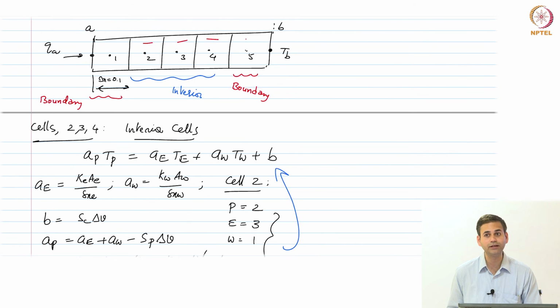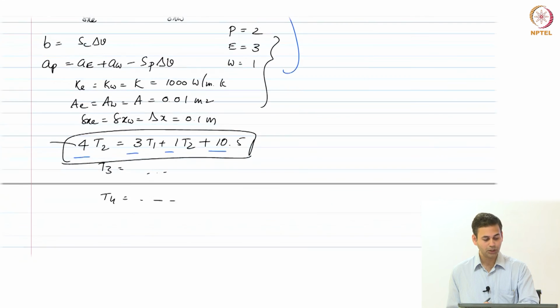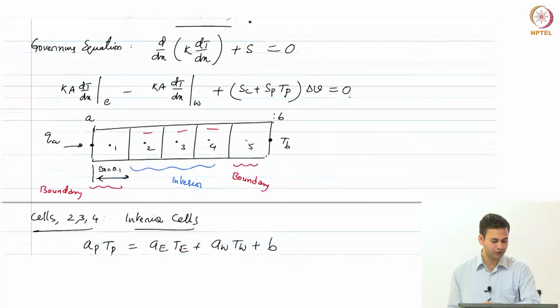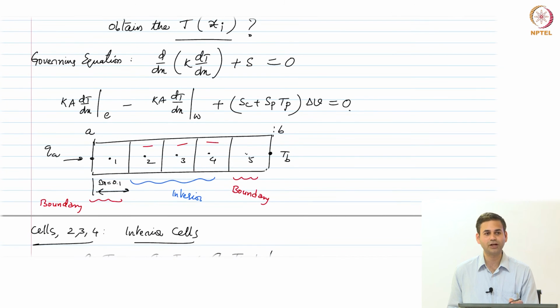Okay, now we have to look at the boundary values. We have 3 equations for the 3 cells, we just need 2 more equations. So the question is, why not AP a constant for all the cells? Well, I think AP will also be constant because SP is also constant here, right.